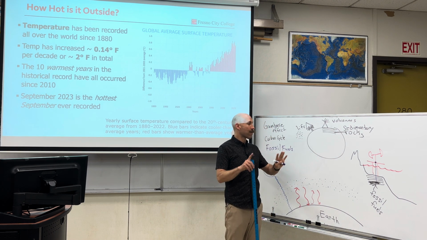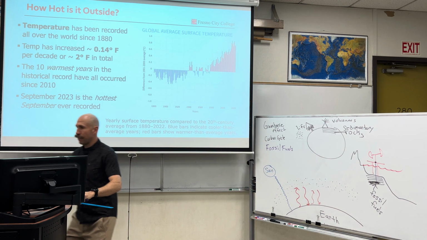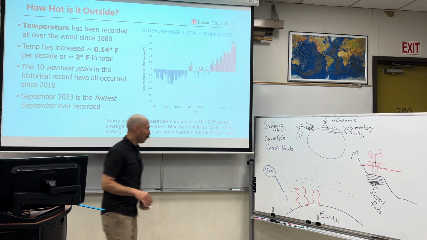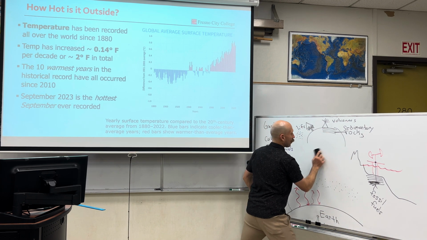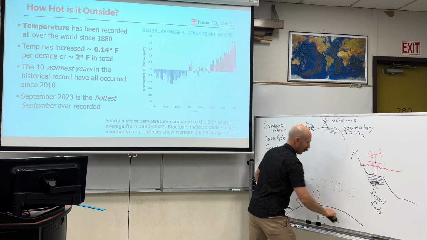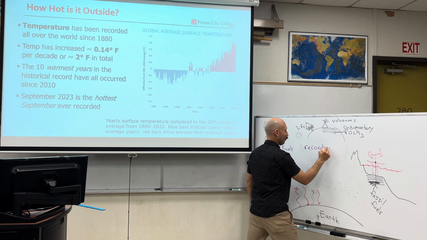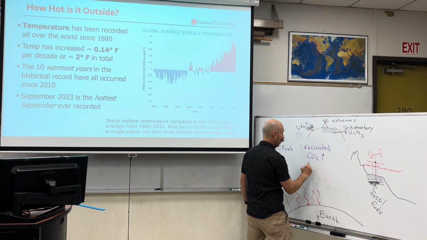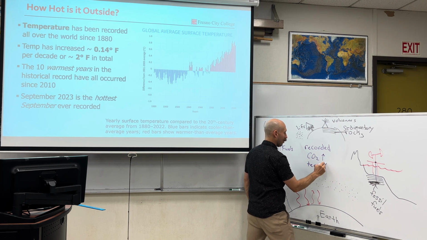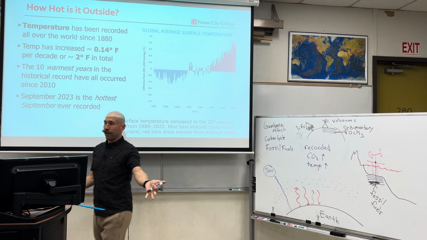But if we're thinking about the science of climate change, this is what is important: we have recorded CO2 in the atmosphere increasing, global temperatures increasing. Okay, so what do we compare this against?